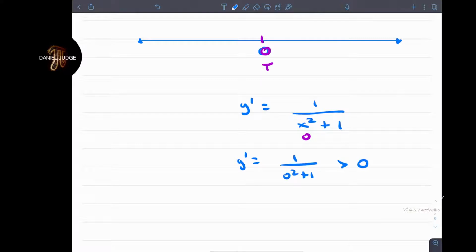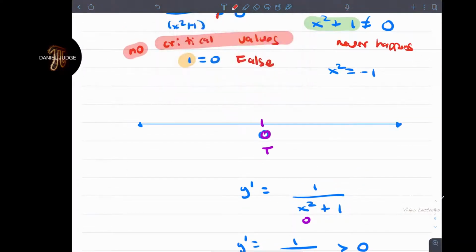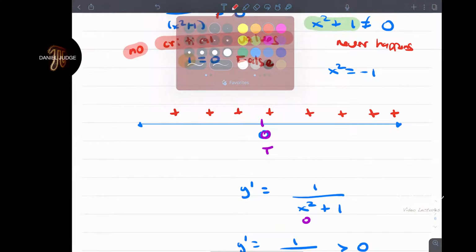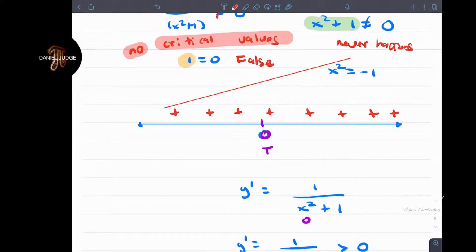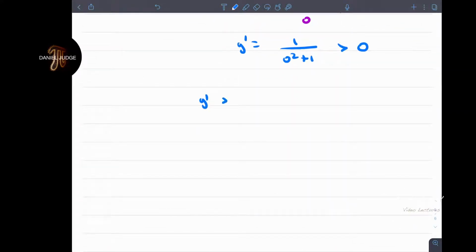That answer is 1, and it's positive. So here's what this means. Since this is sign analysis on that first derivative, that means the first derivative is always positive for all your x values.